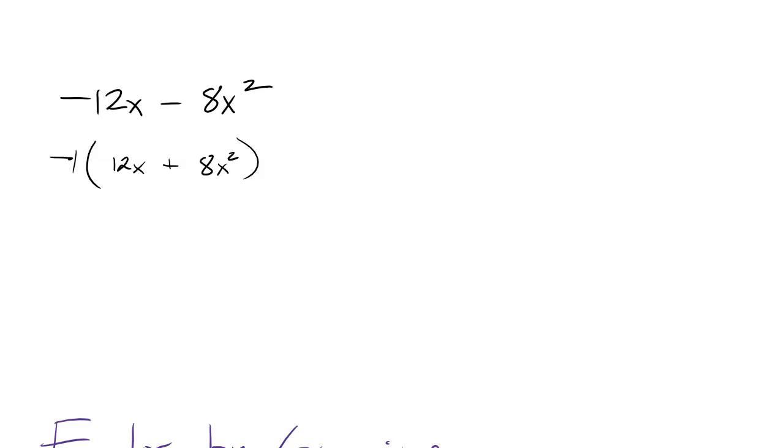And then from this stage, you would factor that. You're going to ignore everything written around, like the parentheses and outside. So it's almost like I'm going to do 12x plus 8x squared as a separate problem and factor this on my own. So then you would take out the 4x.